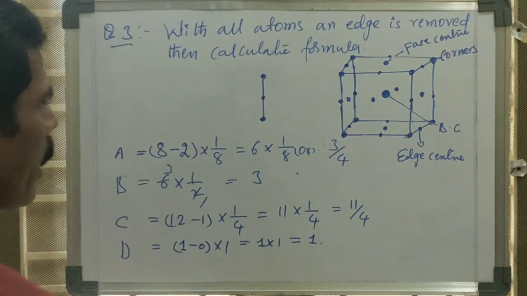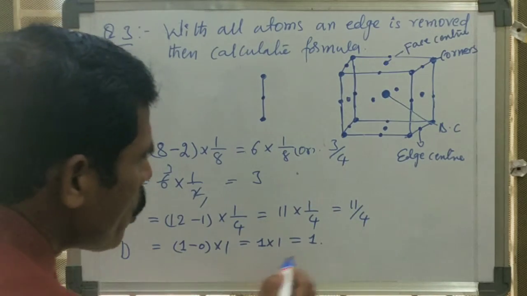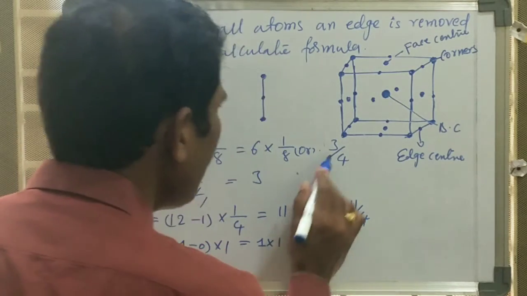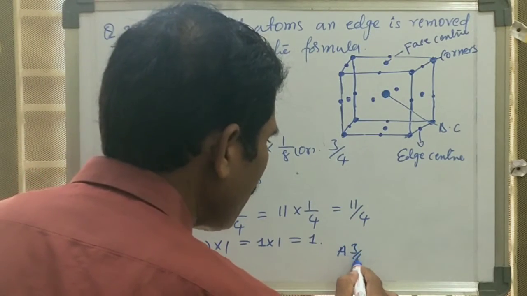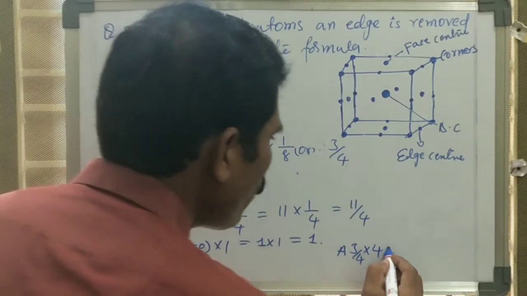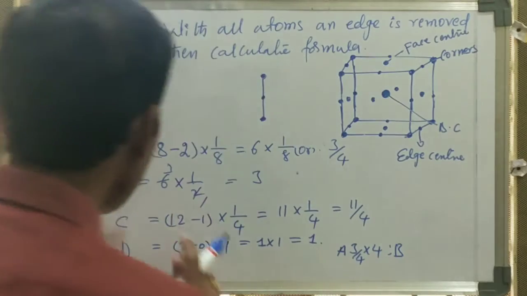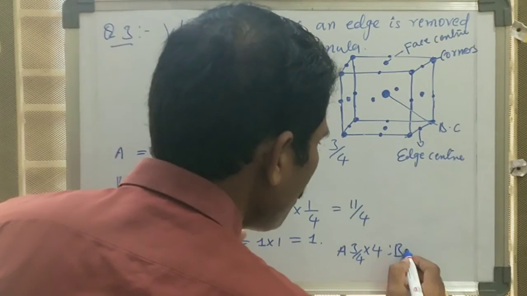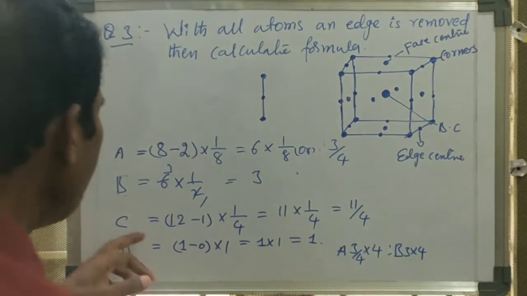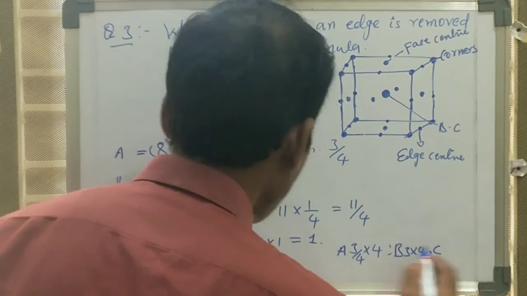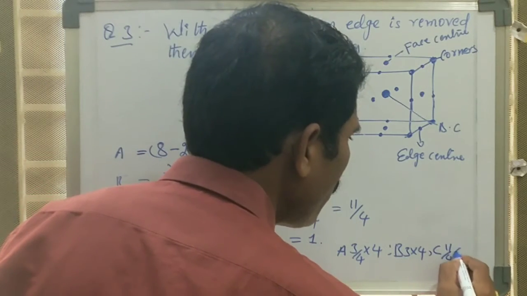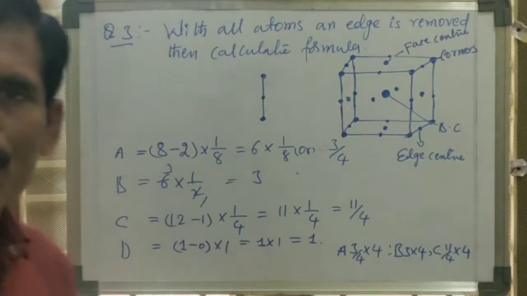Now see this value A, how much they have given here. Let me write here: A, 3 by 4, multiplied by 4. Then B, the value is 3, multiplied with 4. Then C, 11 by 4, multiplied with 4.